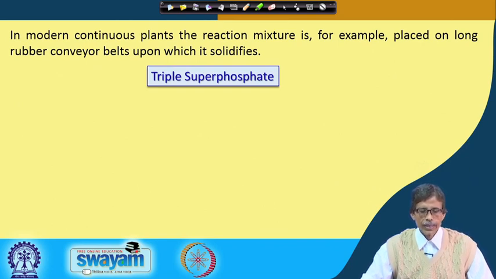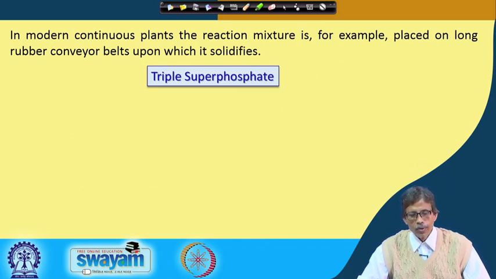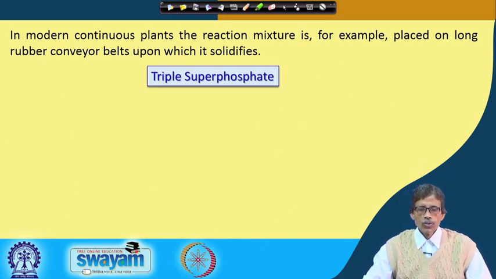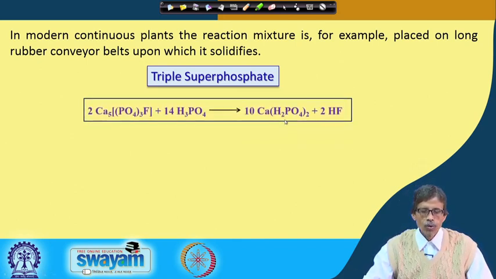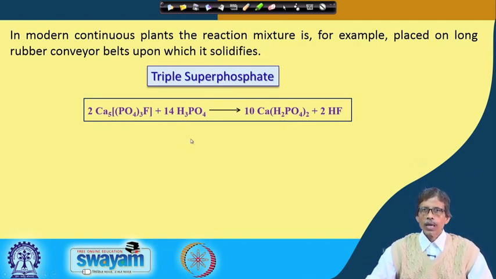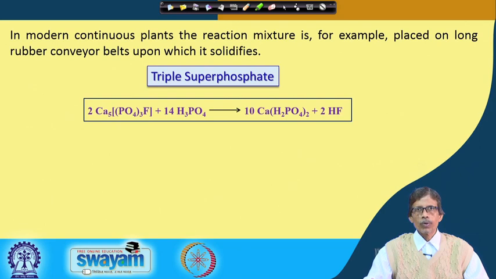Then another phosphate fertilizer material is known as triple superphosphate. The triple superphosphate also has some industrial demand, but now, instead of using sulfuric acid, which was utilized to take care of some part of the calcium as calcium sulphate, because we know that calcium sulphate is the component of gypsum, that can be removed as simple calcium sulphate.